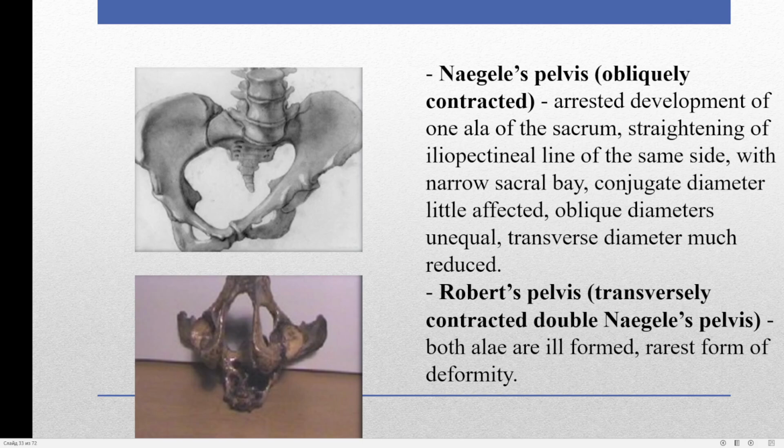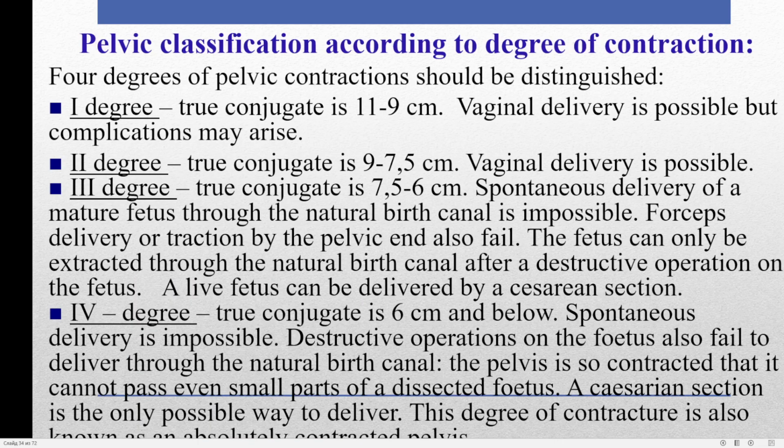Both alae are ill-formed, the rarest form of deformity. Again, for management, if pregnancy happens, we terminate this pregnancy by cesarean section.